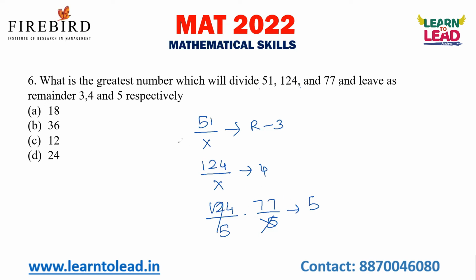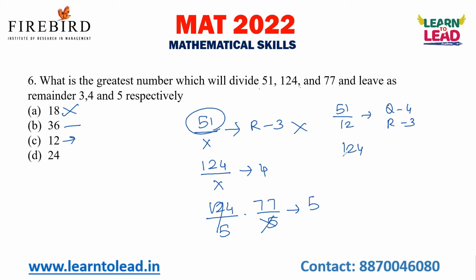Okay, see, if you try with 18, 51, 48, 51, 18, 36, and 54, you will get definitely remainder only 3. Okay, so 18 is not my answer. If I take 36, 36 two times, I'll get 72. So 51, it is not possible. And if I take 12, if you divide 51 by 12, quotient is 4 and remainder is 3, right?